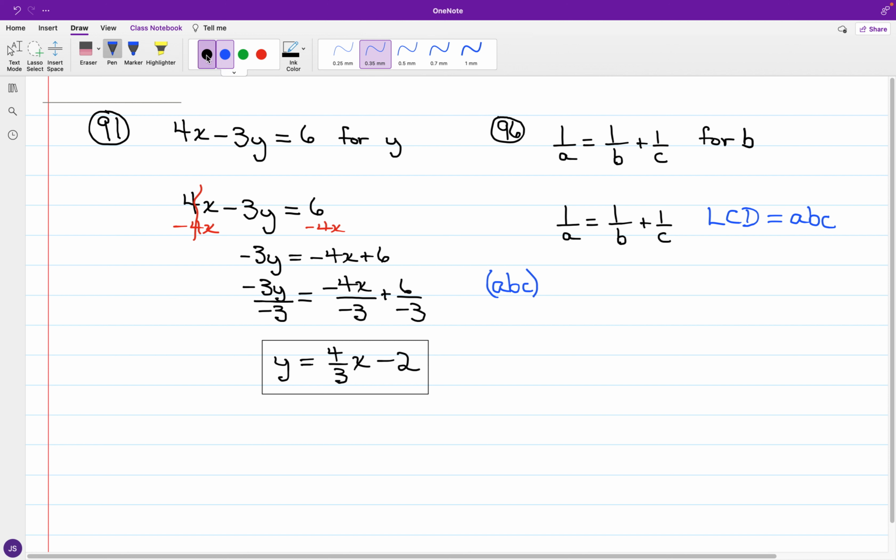by ABC. So for what I have throughout, distributing ABC over all the terms. And we're going to have some cancellations coming up.